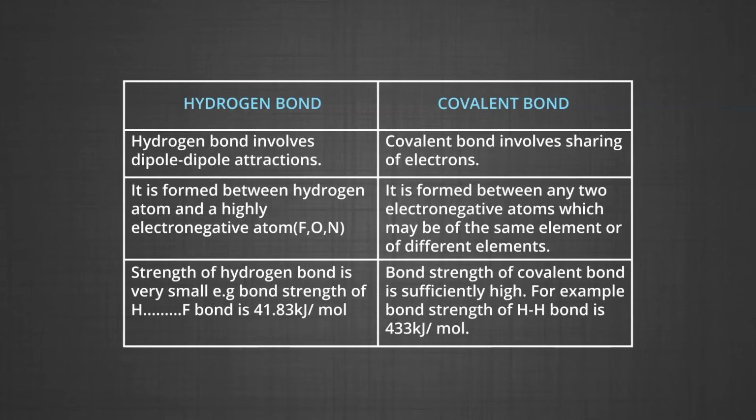The strength of the hydrogen bond is very small. For example, the bond strength of the H-F hydrogen bond is 41.83 kilojoules per mole, whereas the strength of a covalent bond is sufficiently high. For example, the bond strength of the H-H bond is 433 kilojoules per mole.